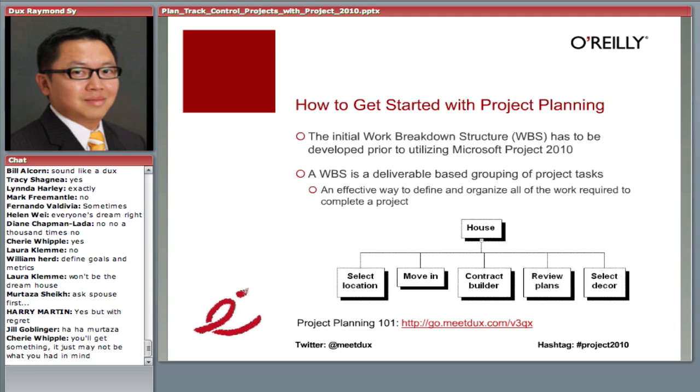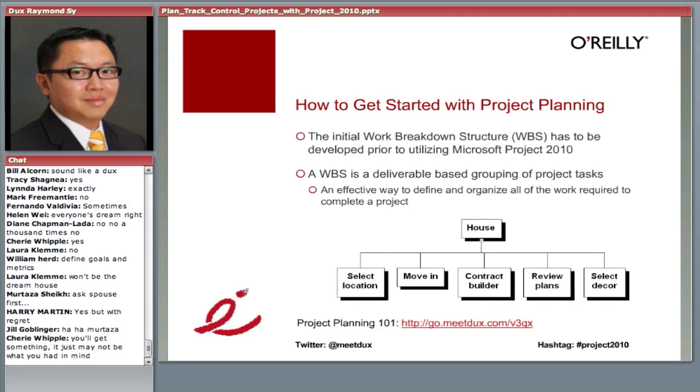For project planning, one of the big things, as I described in the first slide, is that even before you start touching this tool, you've got to have some kind of initial work breakdown structure. Okay? It has to be developed prior to utilizing Project. A work breakdown structure is the deliverable-based grouping of project tasks. This is a very effective way to define and organize all of the work required to complete a project. This is just an example of building a house.